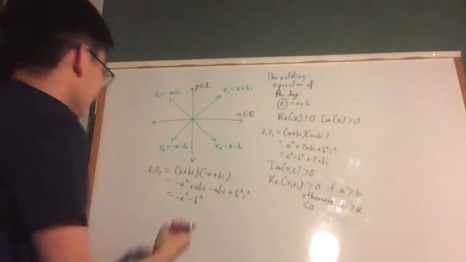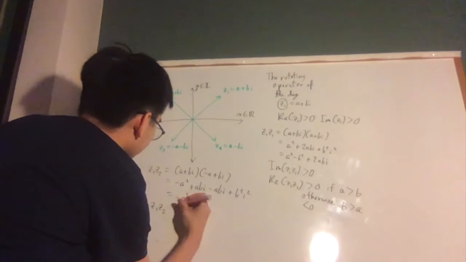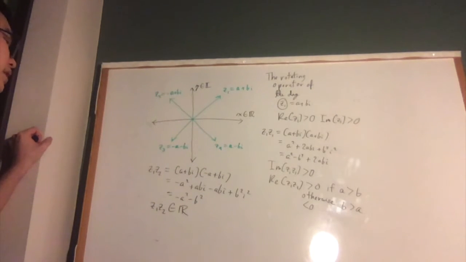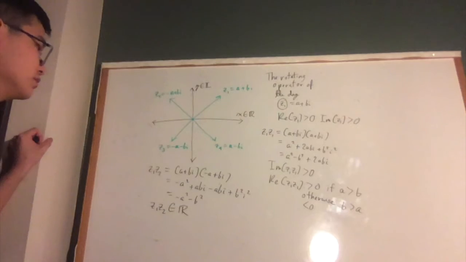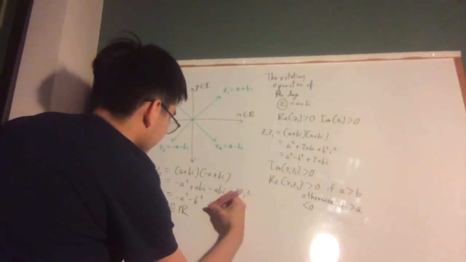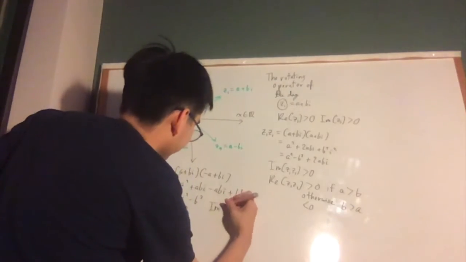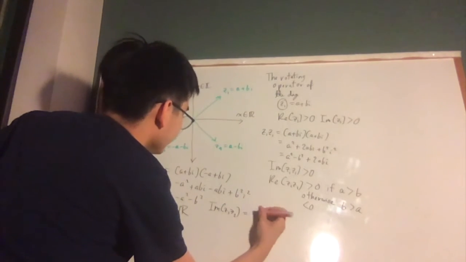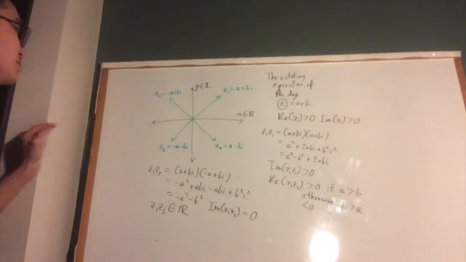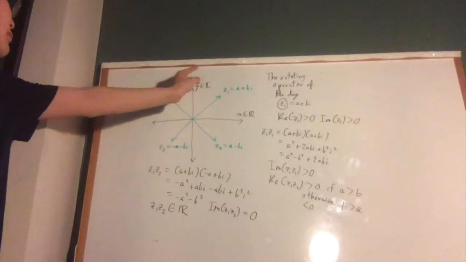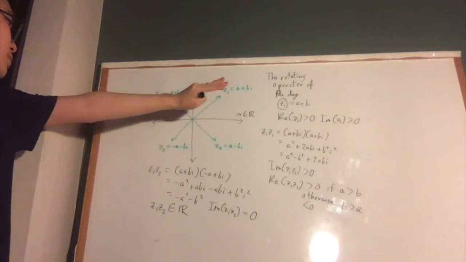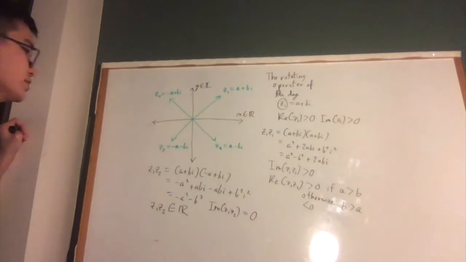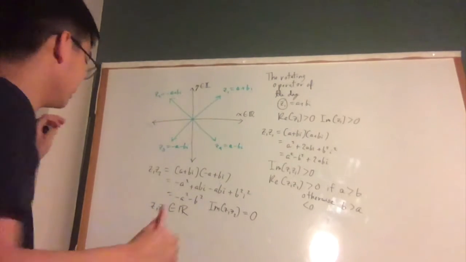So very oddly, z1 z2 by this calculation will always belong to the real numbers. There's no imaginary part, so imaginary is 0. So this is purely a real number, which means that if we were to take z1 and multiply it by z2, our projection should bring us somewhere along the real number line. That's kind of interesting, I find.